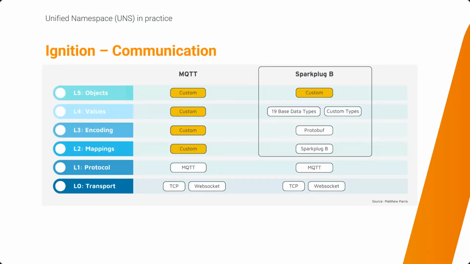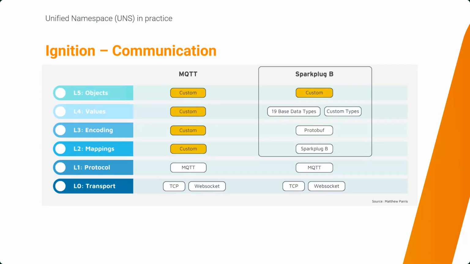Whenever we take a look at the communication itself, I just mentioned we can use MQTT for that. It's a common language for communicating. And the MQTT communication consists of different levels, level 0 to level 5. And MQTT defines how those levels are used.